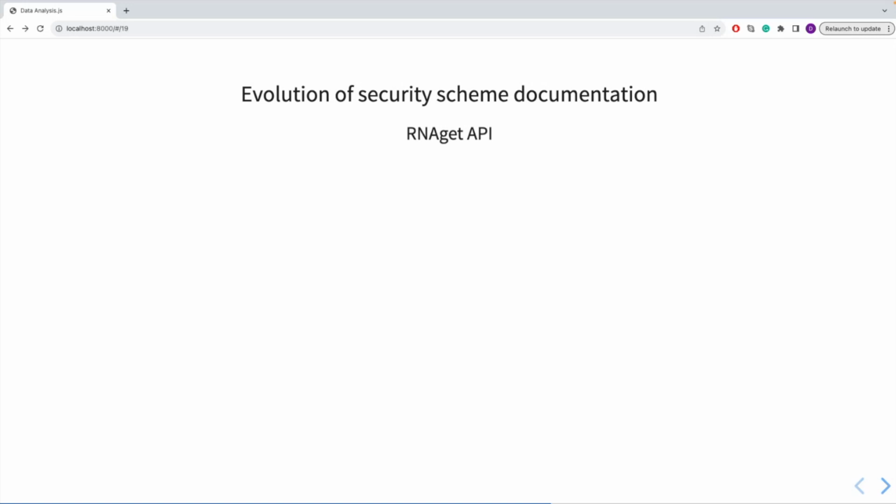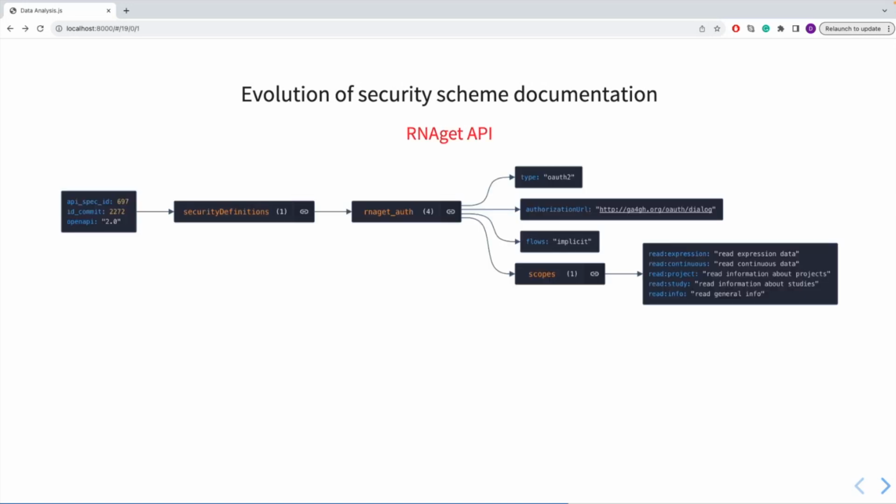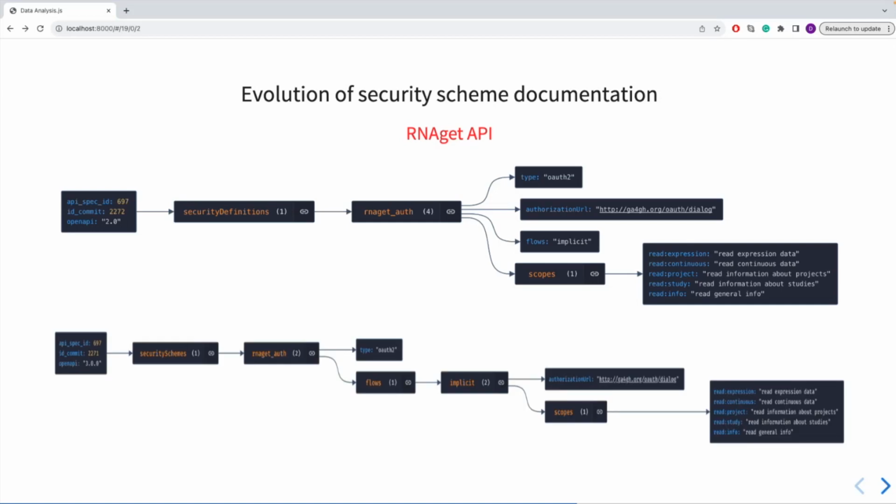For the first one, I have this case of an API called RNG API, which has data from RNG experiments. We have this example because this API starts with the structure from OpenAPI 2.0, defined with scopes and also with flow.